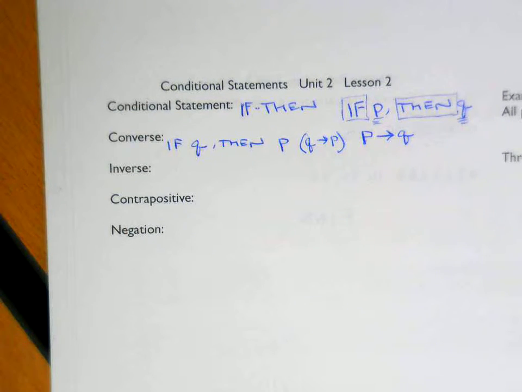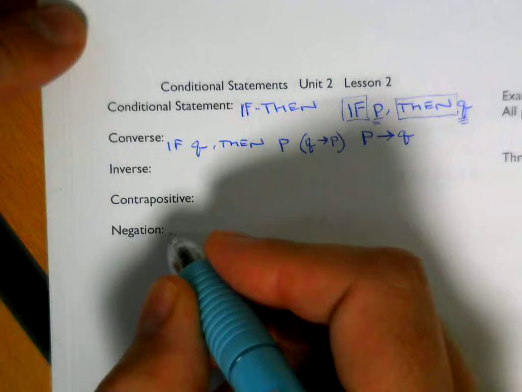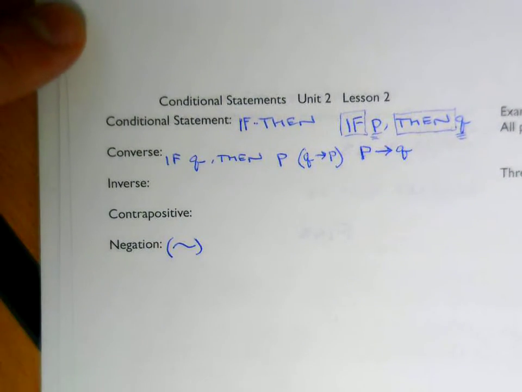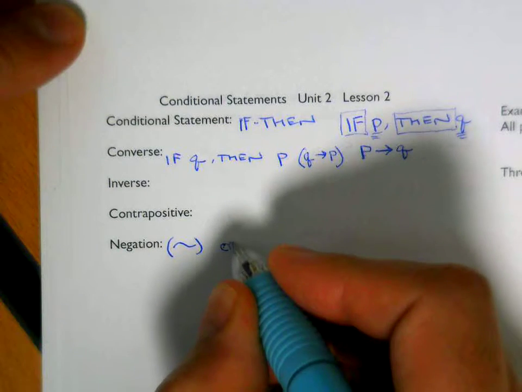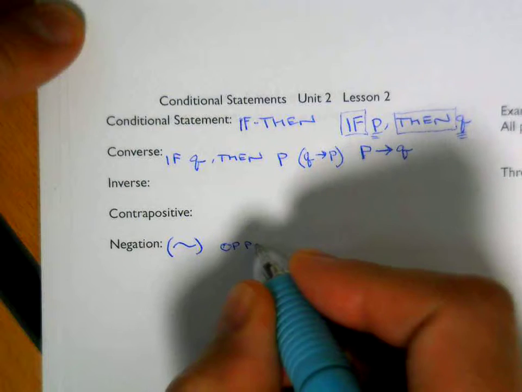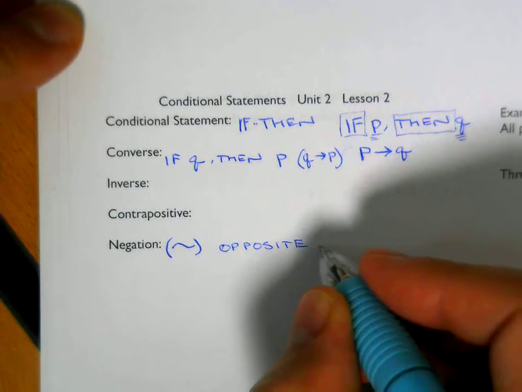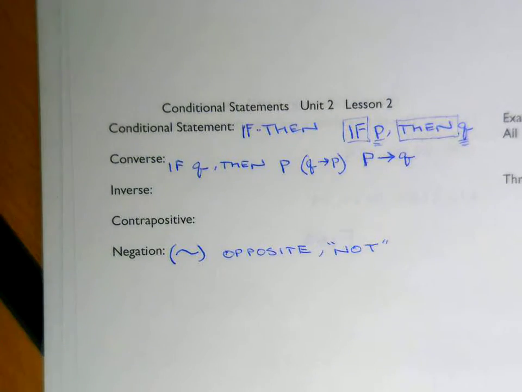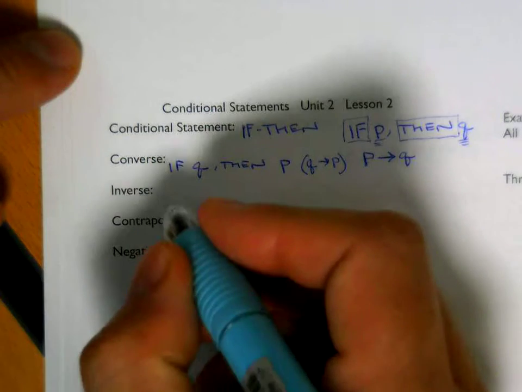The inverse, you're going to keep in the same order, but you're going to negate both of them. The negation symbol is this little squiggly line right here, like the top of a congruent symbol, and it basically means the opposite. A lot of times we use the phrase not. It seems a little weird, but it fits most of the time.